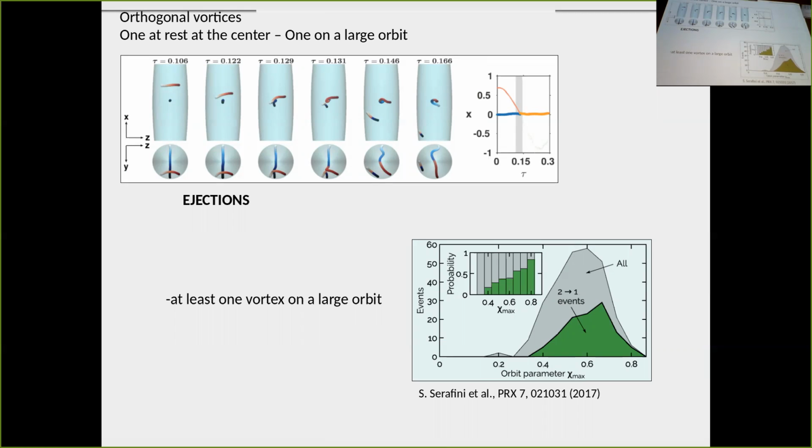This kind of event happens when the orbit parameter of at least one of the two vortices is pretty high, and this is confirmed also from this statistical analysis of the defects.